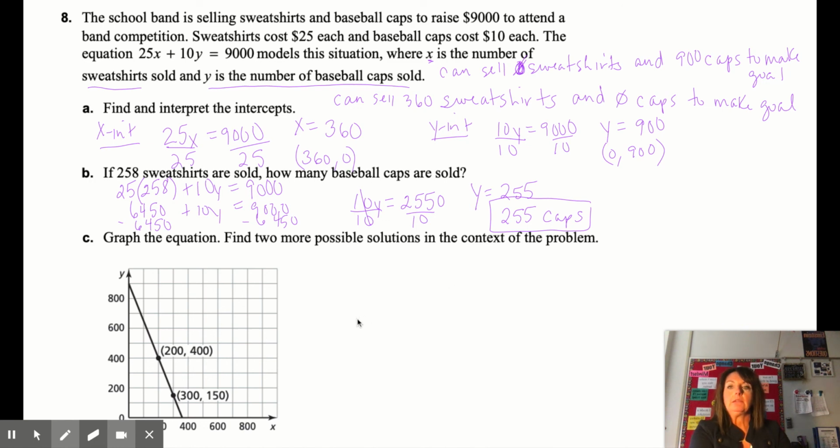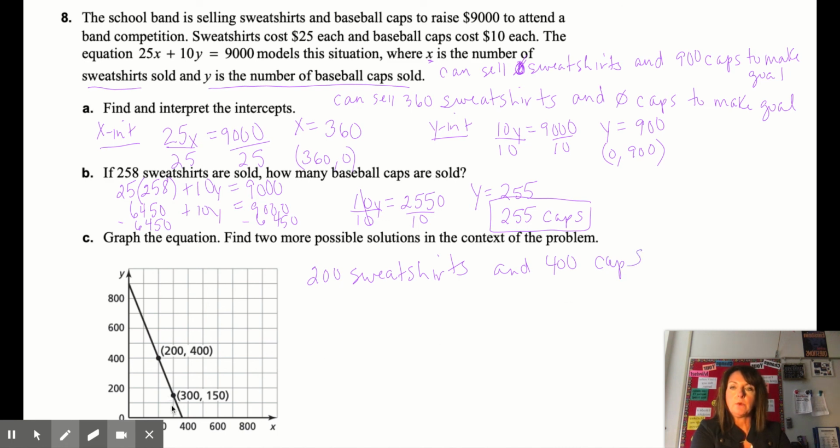So we can pick, oh, you can't even see the bottom here. But we could pick something like, say we go over here, so this is like 200, right? There it is, there's a point right there. This is a point on that graph, and it means we would have sold 200 sweatshirts and 400 caps.